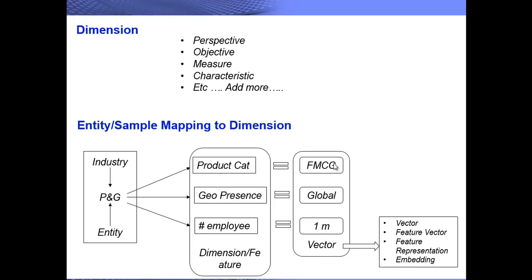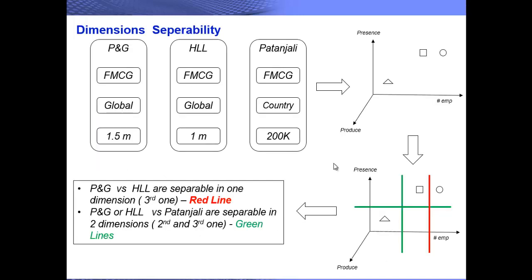Okay, so let's move on to the next slides. So now here we will see the dimension separability. Let's say now we know if some entity is given, then we have to decide which are the dimensions or the features we are interested in.